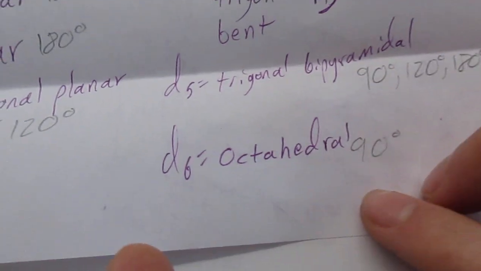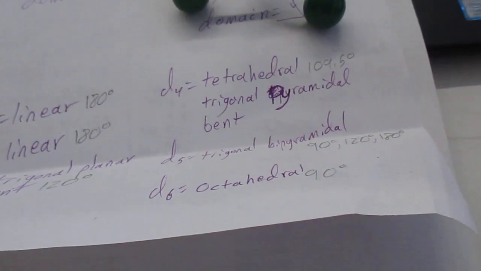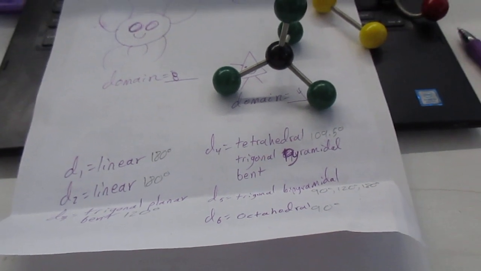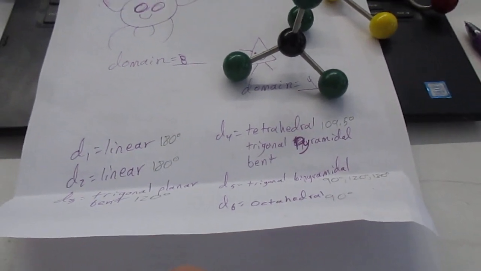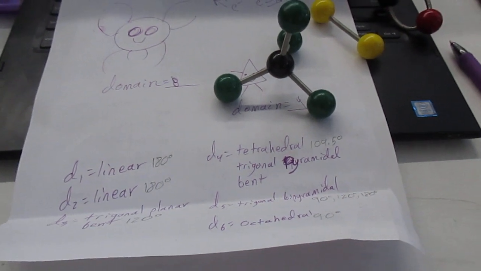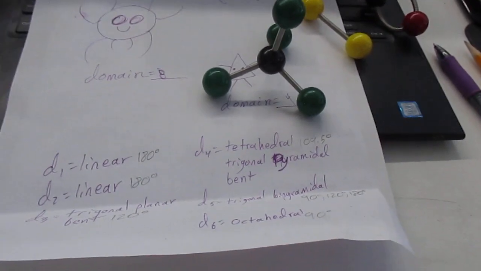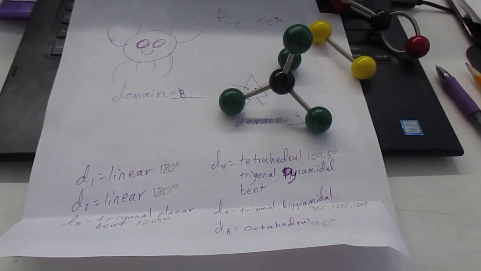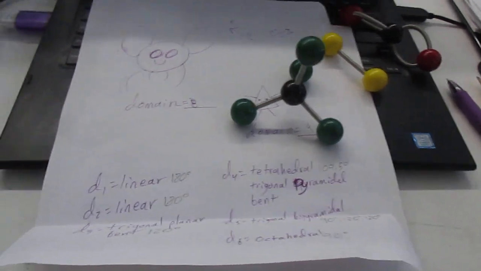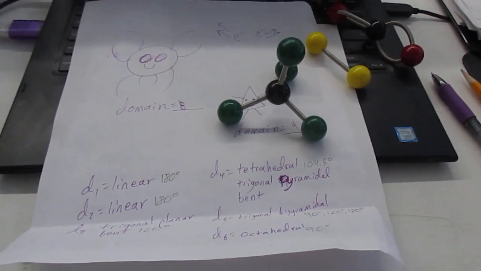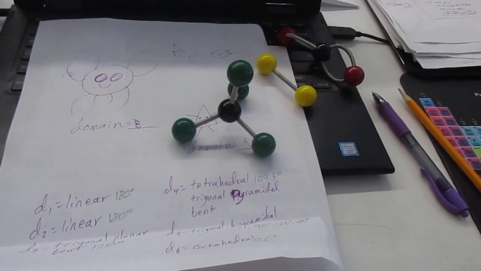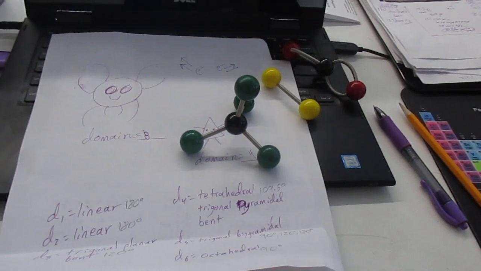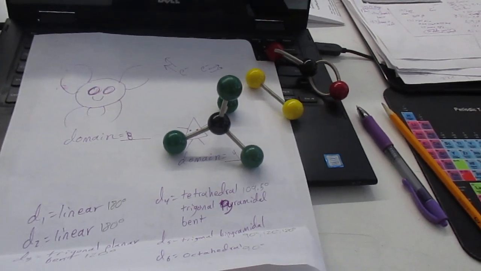Domain 5 and 6 are a little bit more complicated. Domain 5 is trigonal bipyramidal. I do apologize, I'm trying to make it one-handed, so that's a little challenging, and my other hand has the camera. The magnets don't like each other either, so that's why it's kind of hard for me to make, because they're trying to repel each other.